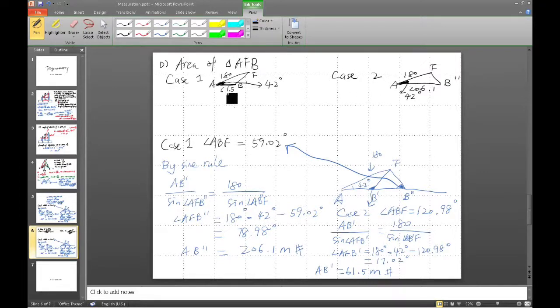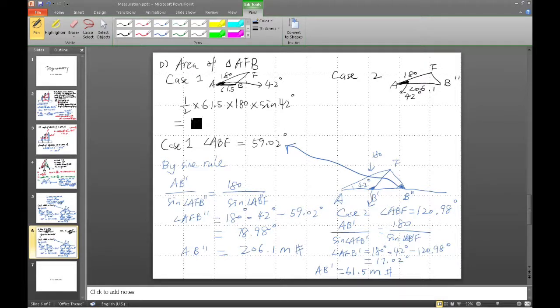So now it's easy for us to find the area of triangle AFB in two scenarios, because we have already found out AB prime and AB prime prime. Okay, let's take a look at case 1 and find the area of AFB prime prime. So we can use the area rule, half times AB times AF times sine angle.